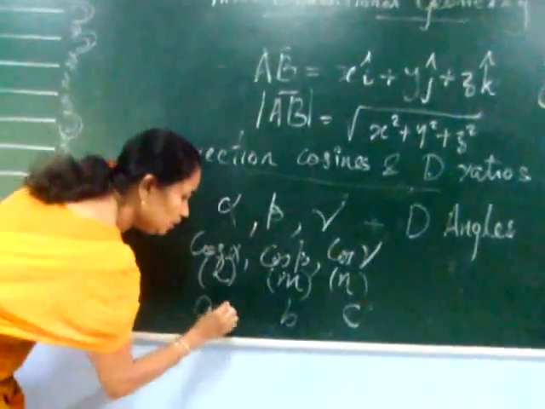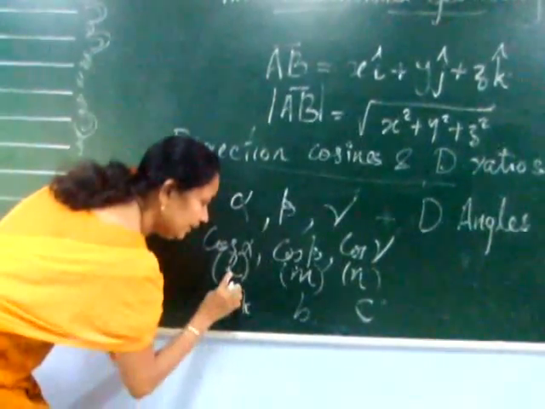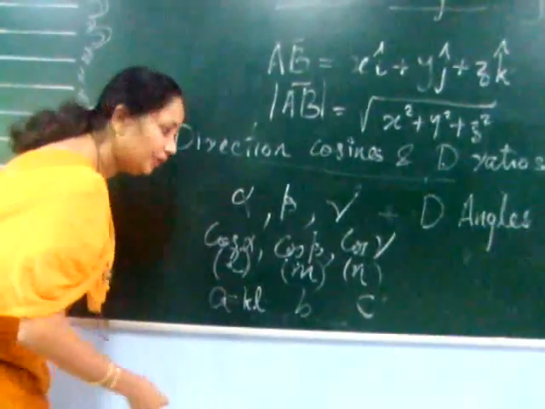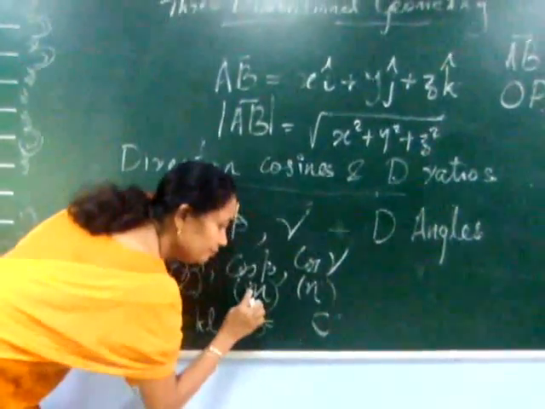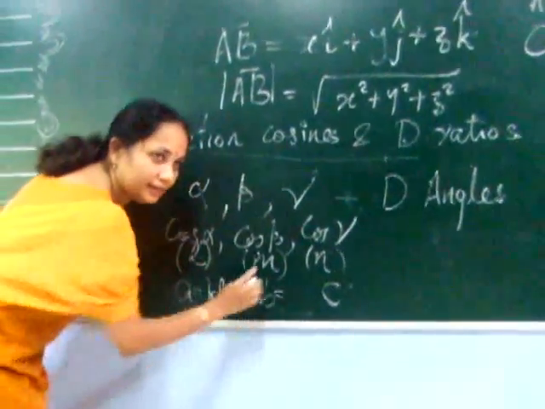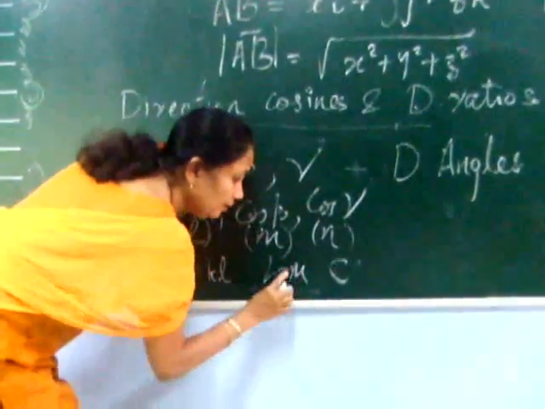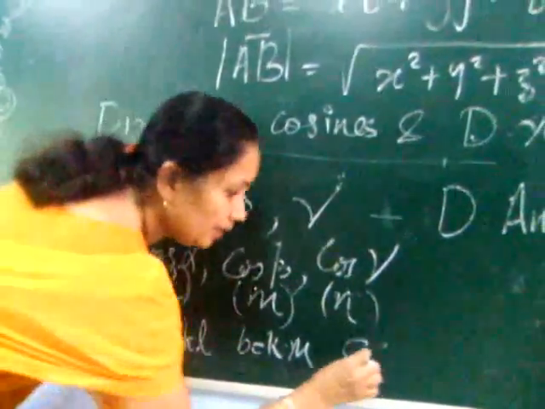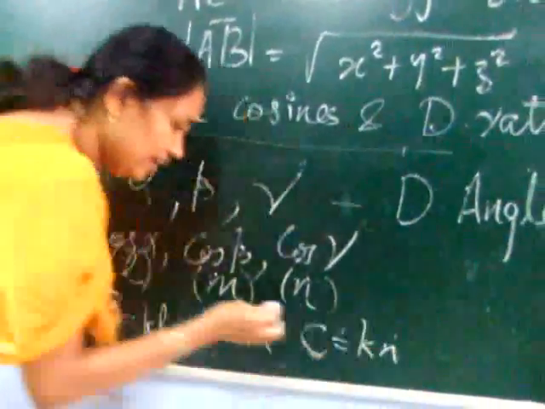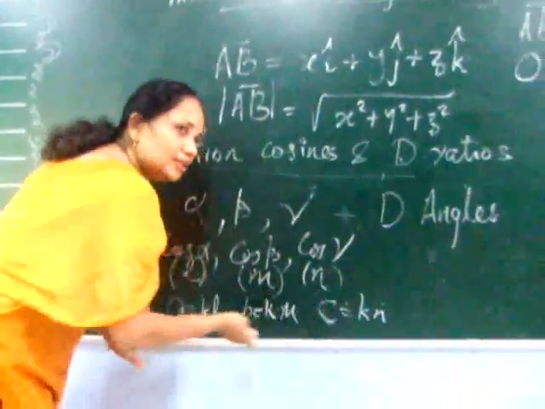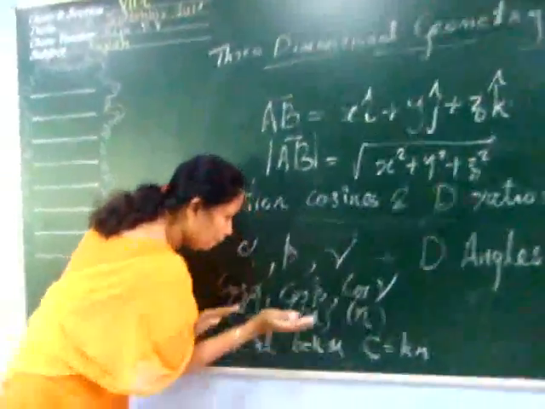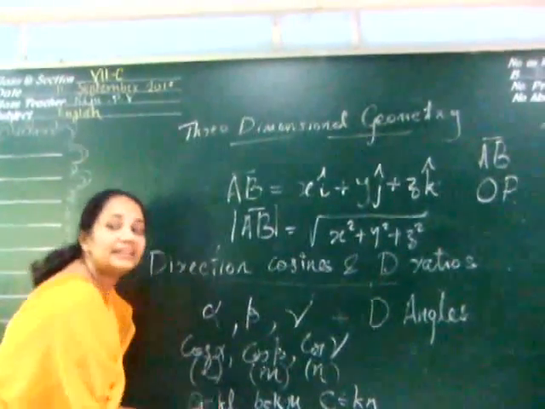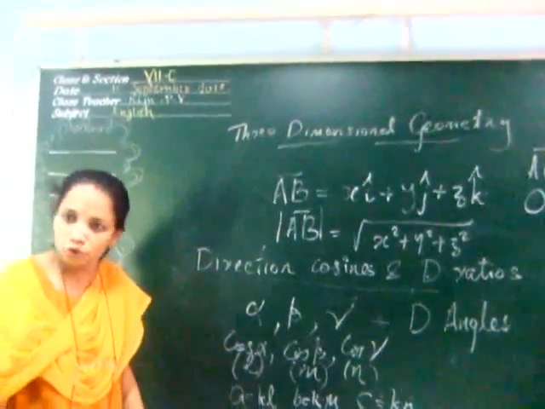When you multiply L by a constant K, you get a new number KL. Similarly, multiplying M by the same constant K, you get Km. So A equal to KL, B equal to Km, and C equal to Kn. These new numbers, which are proportional to the direction cosines, are called direction ratios.